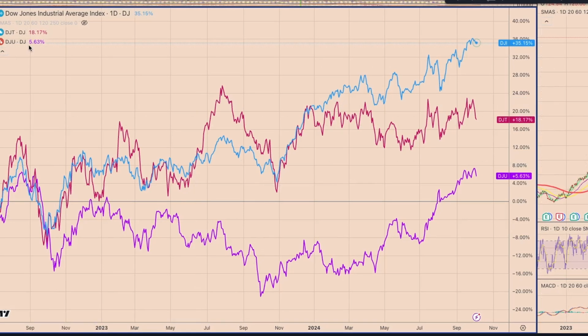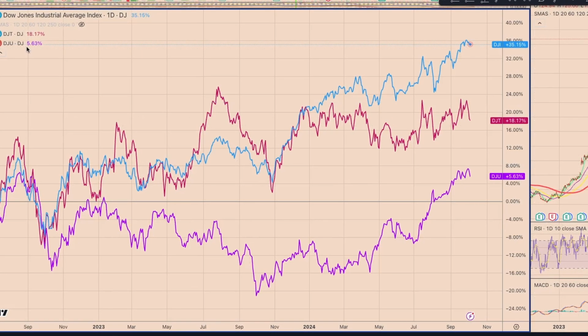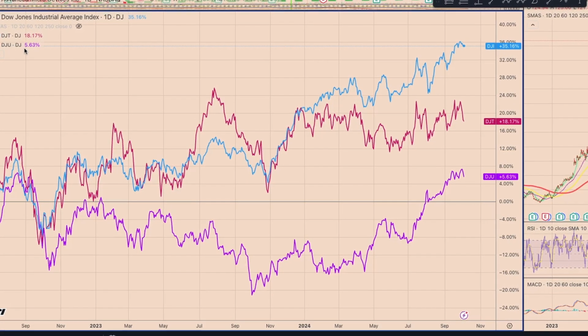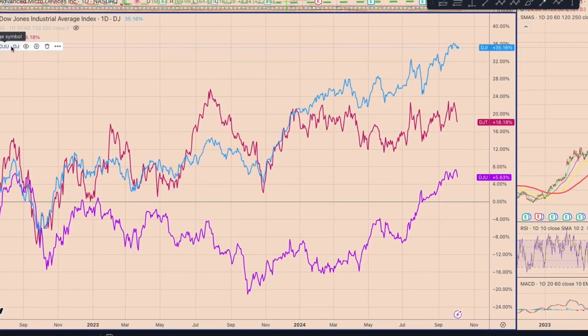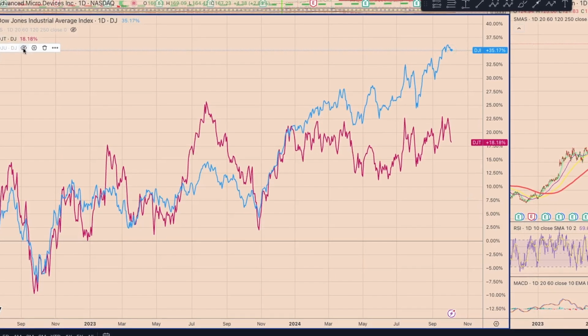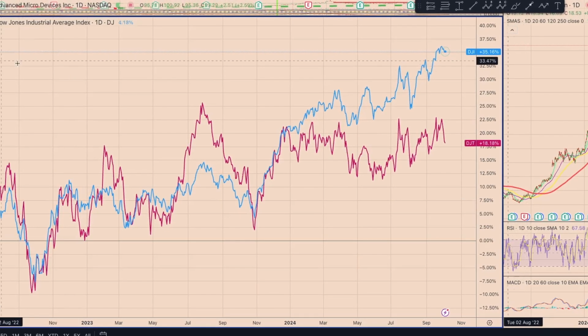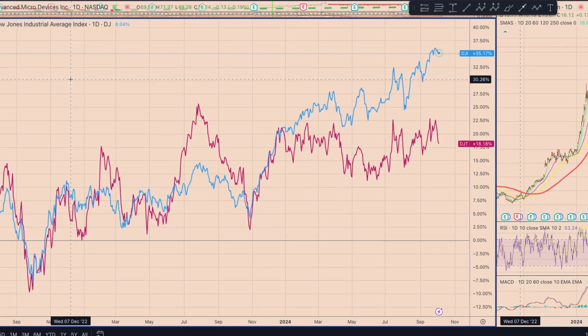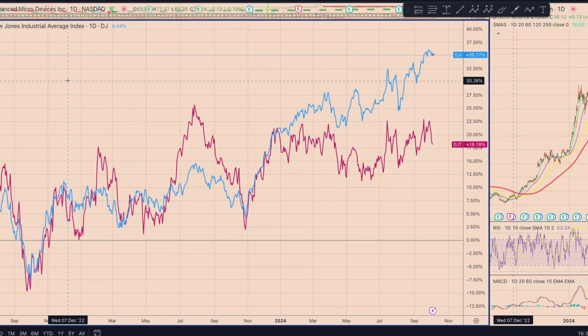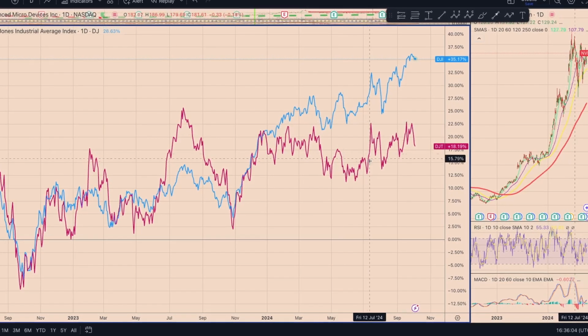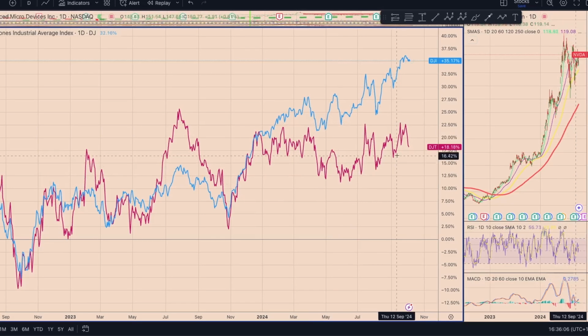Some people like to make sure that all three, or at least two out of the three, are heading in the same direction. But most traders will just go with the transportation average because transportation does act historically like a leading indicator for the industrials. What we have right now is that both of them are heading upwards.